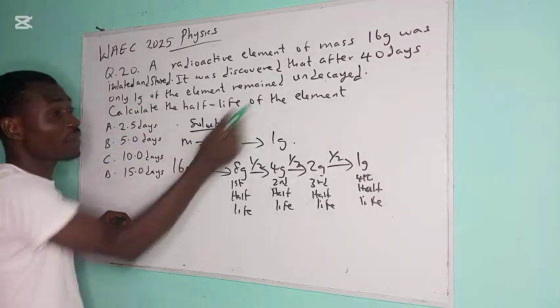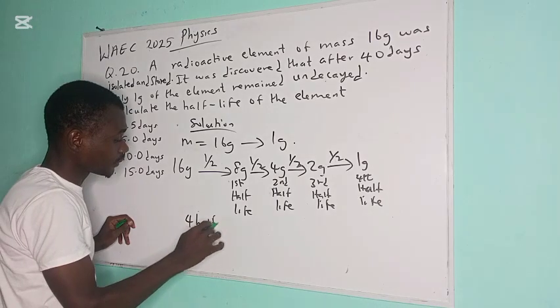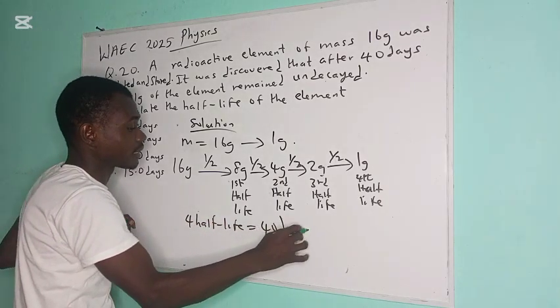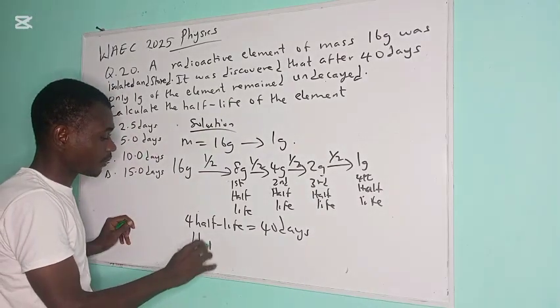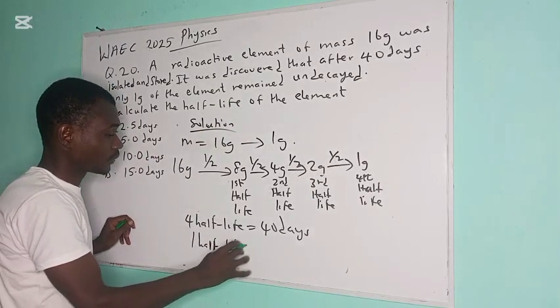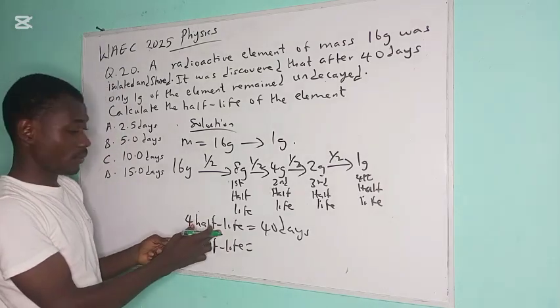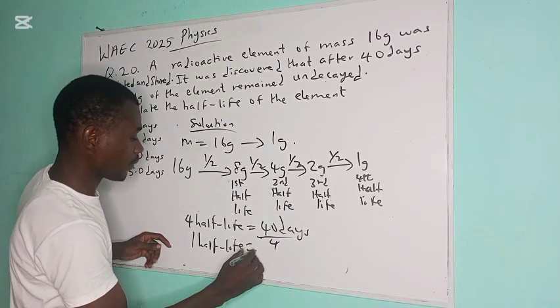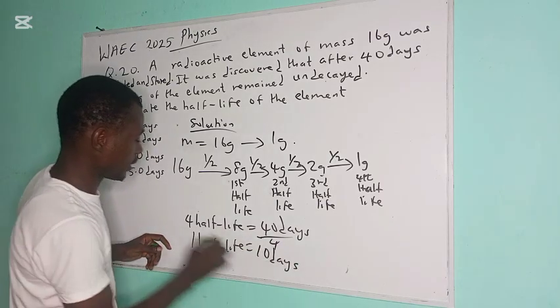So after 40 days, that means 4 half-lives is equal to 40 days. So what will be 1 half-life? Divide by 4, and that gives us 10 days.